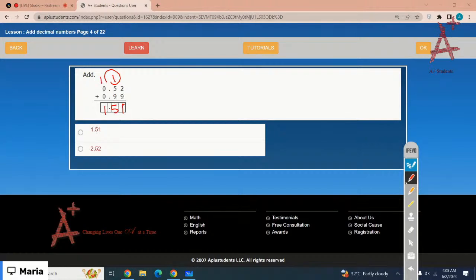And 1 plus 0 is 1. That means when you add them, it makes 1.51. Right? The correct option is option number 1.